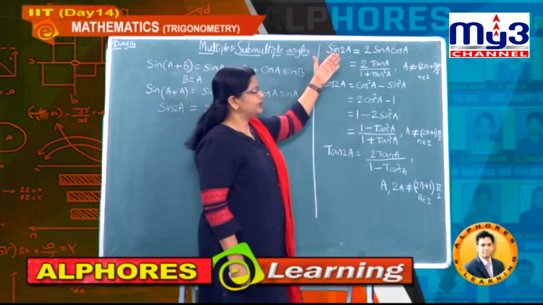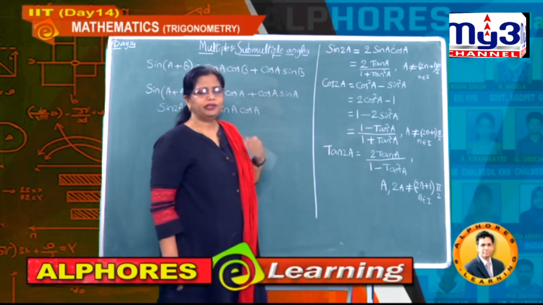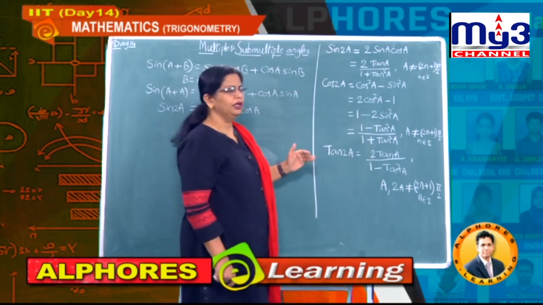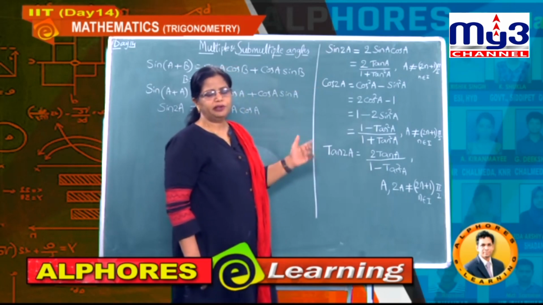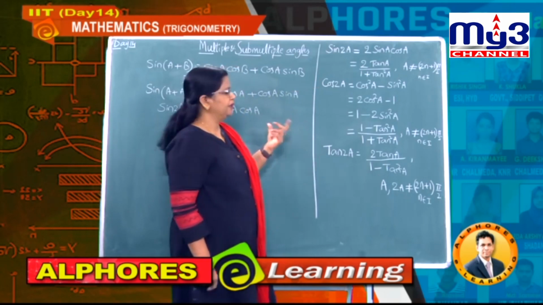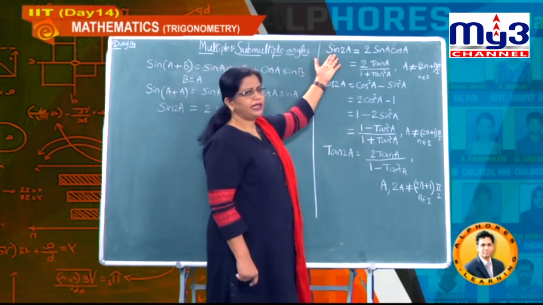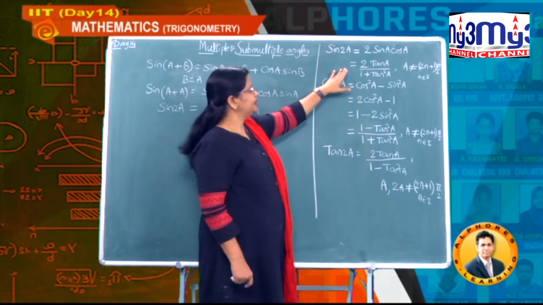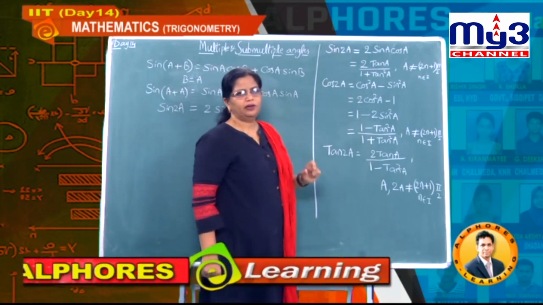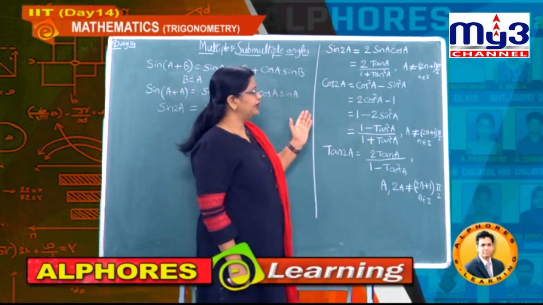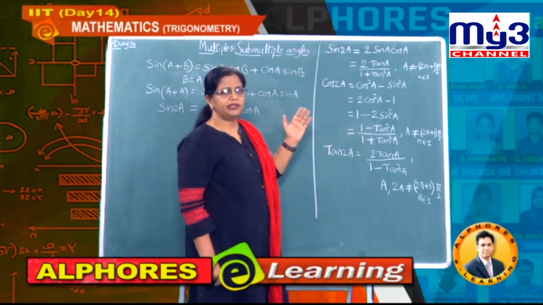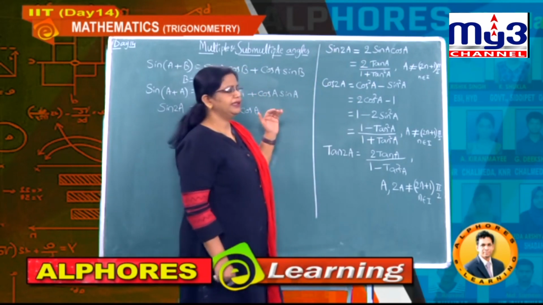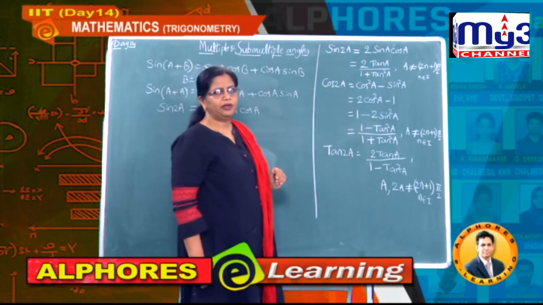For the other 4 trigonometric functions, you should be cautious about writing the domain values. Here only sin and cos are present, so it is true for all real numbers. But whenever you get tan, always be cautious about when the cos value is 0, because tan is sin divided by cos.